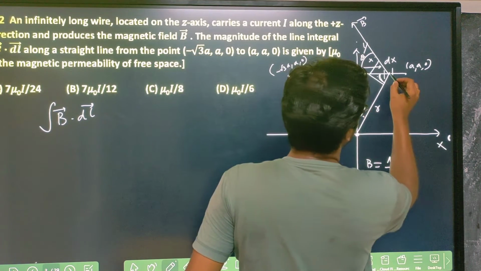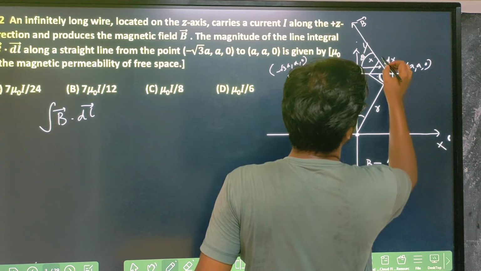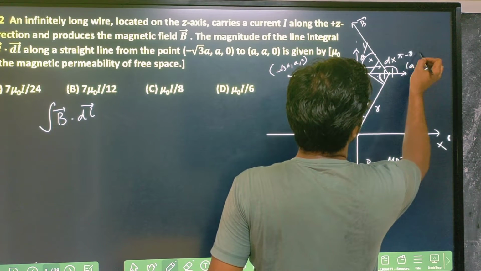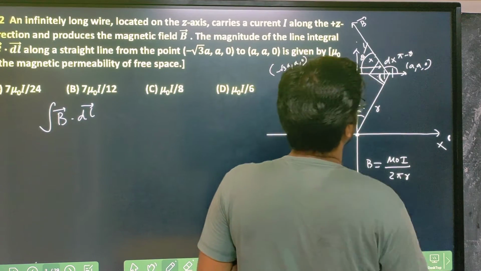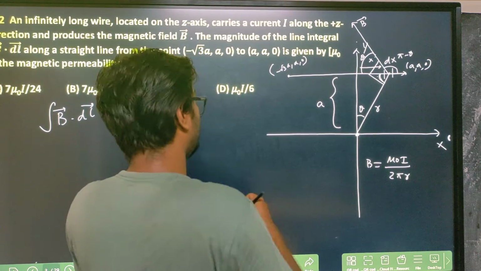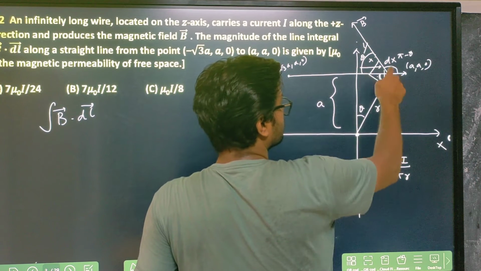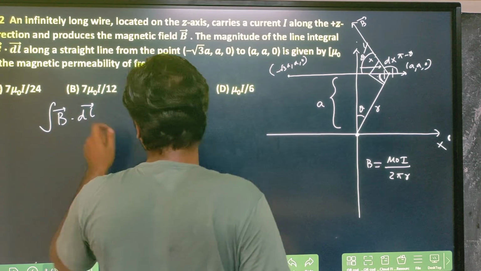So this is the direction, and this angle will be pi minus theta, because this is theta, this will be pi minus theta. Because B is along this direction and dl is along this direction, this will be the angle between these two for the dot product.